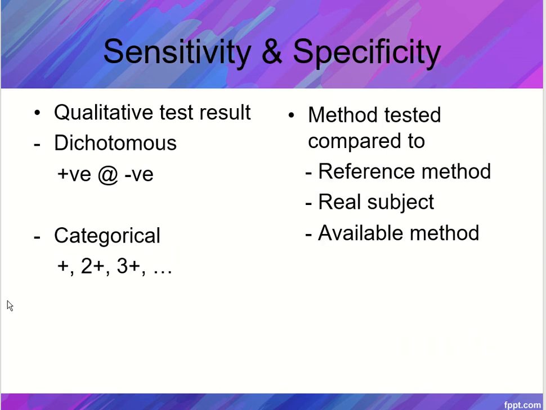Okay, another experiment for method verification is sensitivity and specificity. It is done on the qualitative test result. The method tested can be compared to a reference method, real subject, or available method.